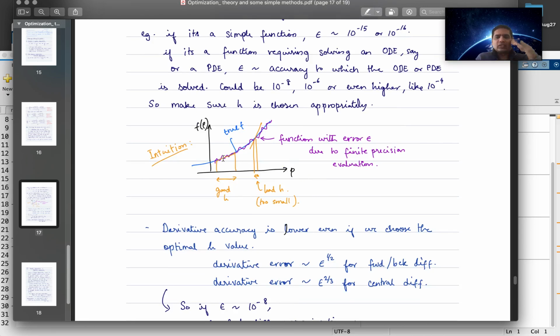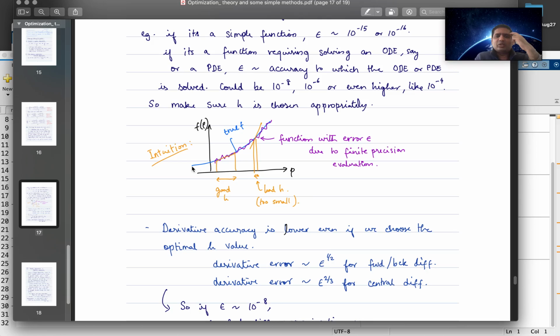Cool. So the intuition for why you should not use too large an h or too small an h is as follows. Let's say this blue curve is the actual function, and this magenta curve is the function evaluated through a numerical process. Just sort of exaggerated noise here, just to illustrate the idea.